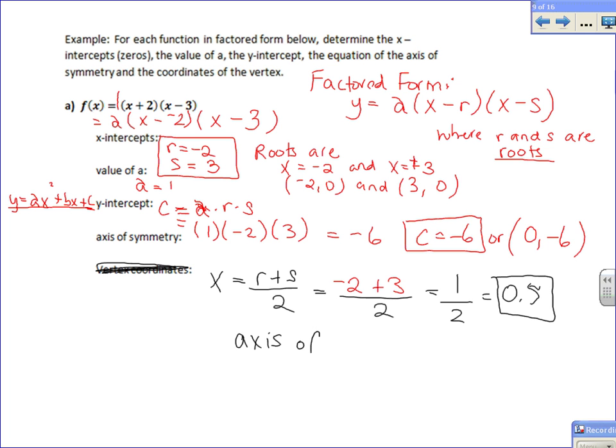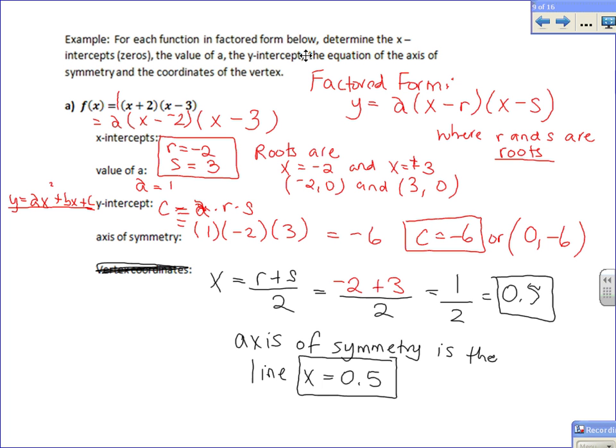So my axis of symmetry is the line x equals 0.5. And if I had a graph of my parabola, I could draw my axis of symmetry as a vertical line right through x equals 0.5, and it would split my parabola into 2 equal parts.